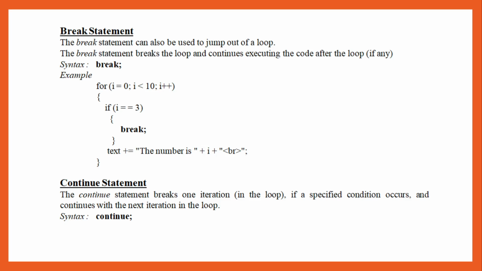Initial value 0, next 1, 2, 3. Now the loop is broken. If it is continue, the continue statement breaks one iteration if the specified condition occurs and it continues with the next iteration in the loop.